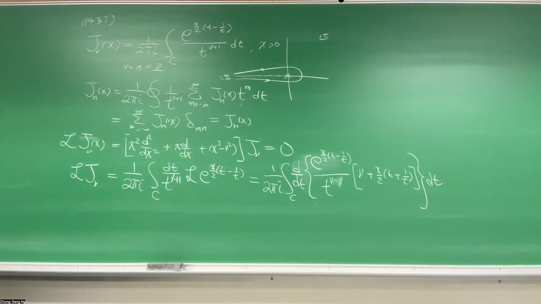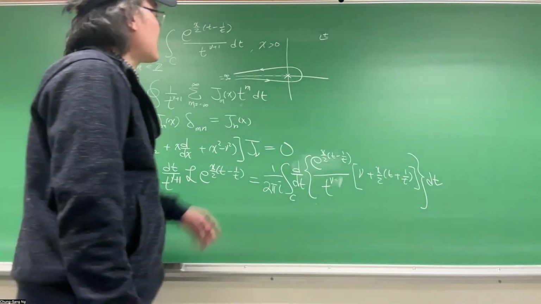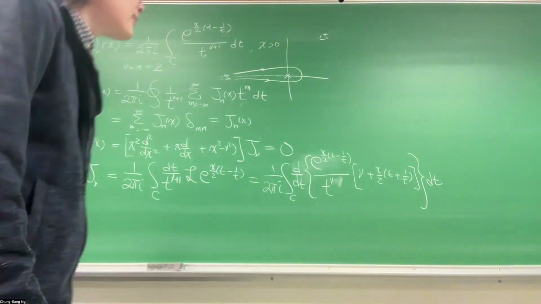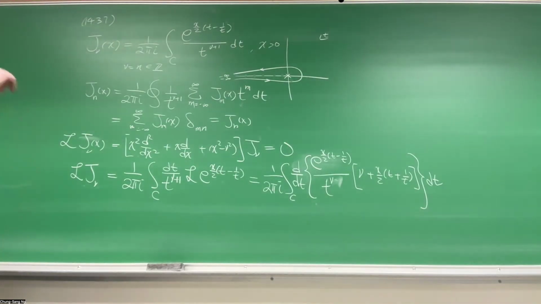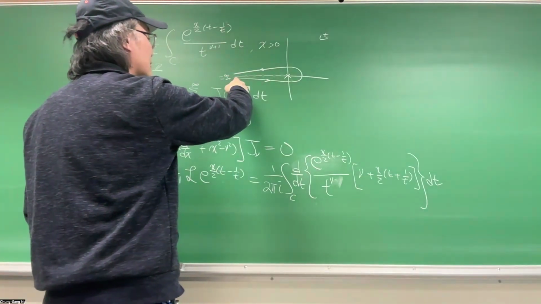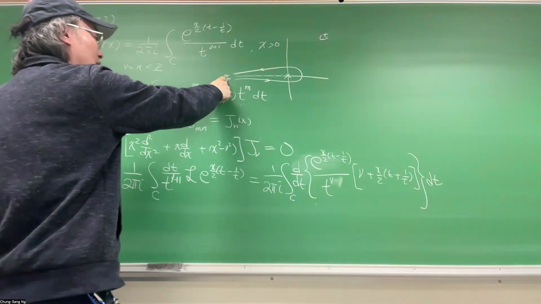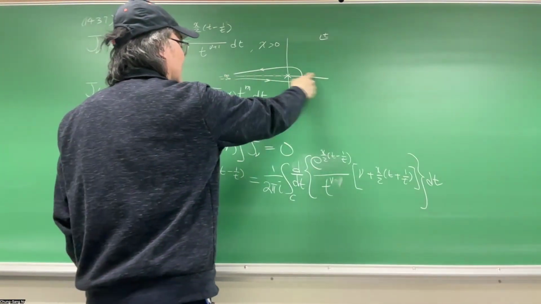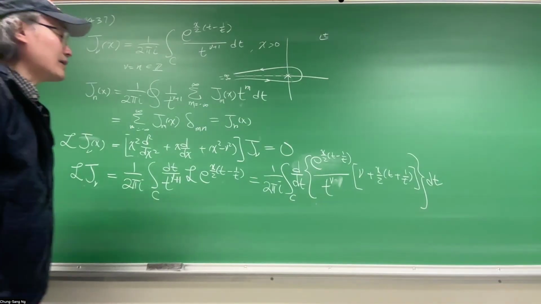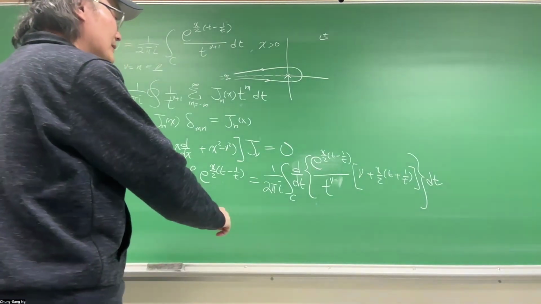If you want to calculate the Bessel function for negative x, of course you can do that using some symmetry property of the Bessel function, or another way is that you just flip this contour around. Instead of ending at negative infinity, you end at positive infinity, which is fine. You can still define that, right?